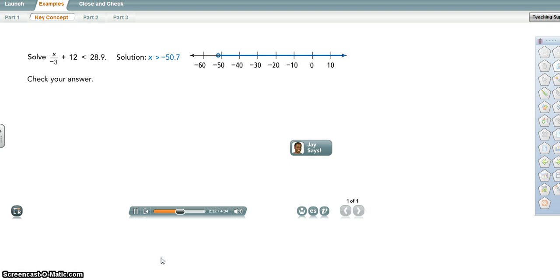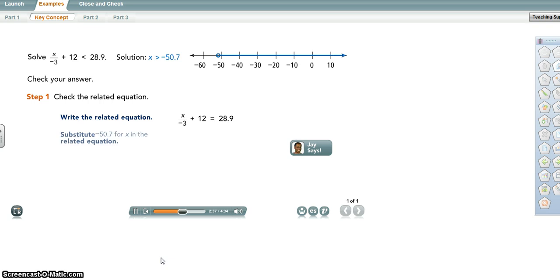Now, check your answer. Step 1. Check the related equation. First, write the related equation. Then substitute negative 50 and 7/10 for x in the related equation.